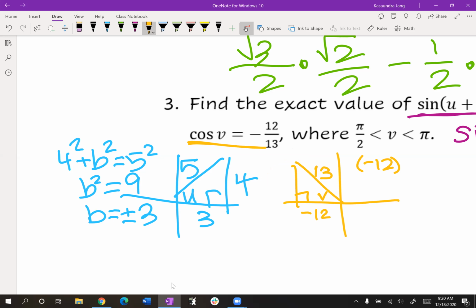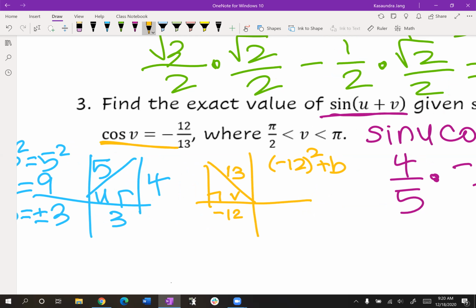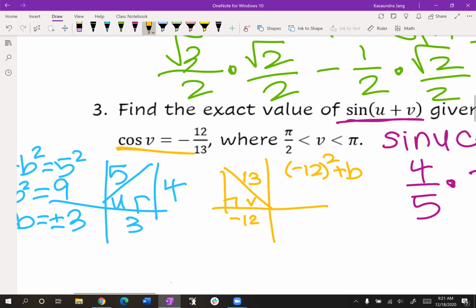A squared plus b squared equals c squared. So let's see, I got a 144 plus my b squared equals 169.